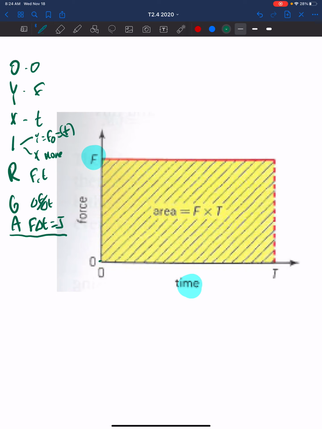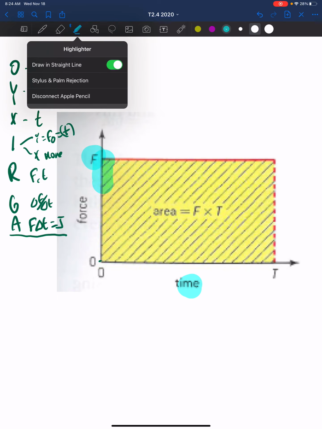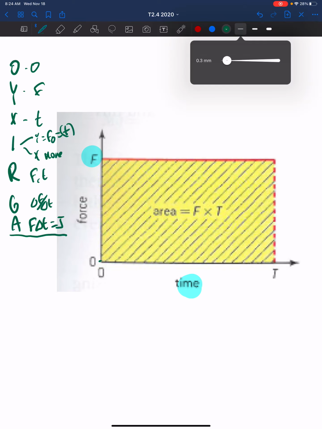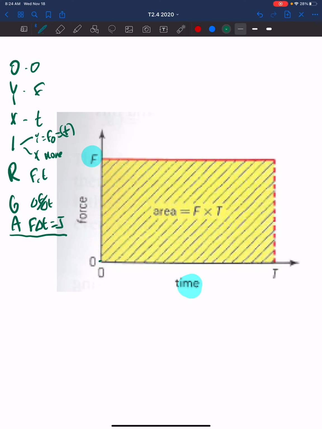So I want to focus in on finding the area of the impulse. The area we are looking for, I'll trace out here in green, is the area of a rectangle, which is length times width, and in this case we've got time times the force, and we know that's the impulse, so I'm just going to use the commutative law to rearrange those.